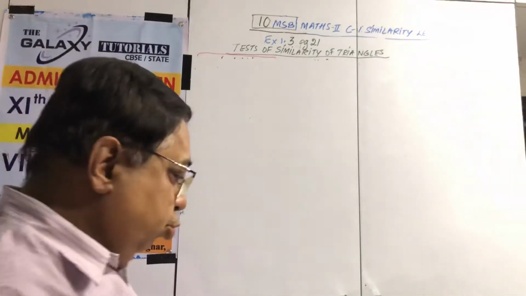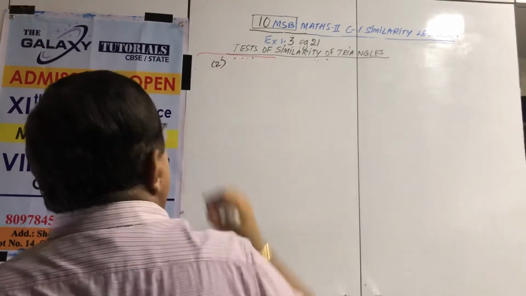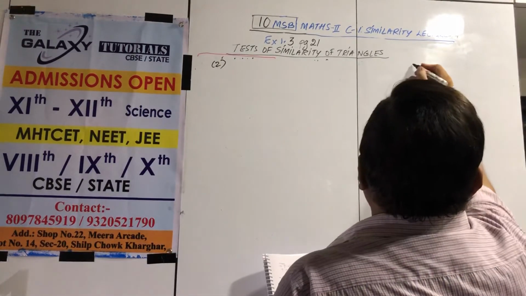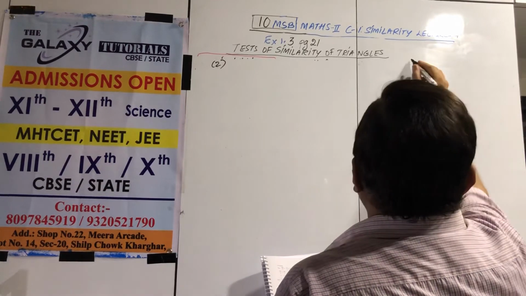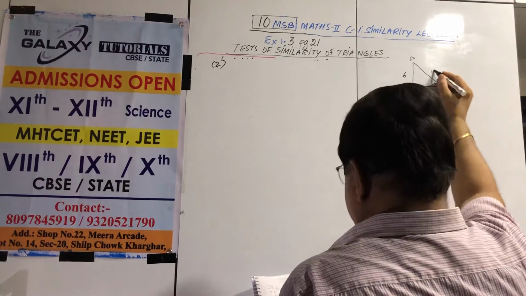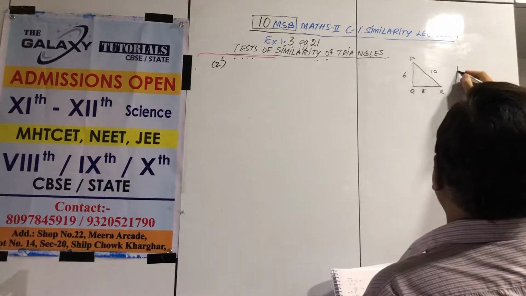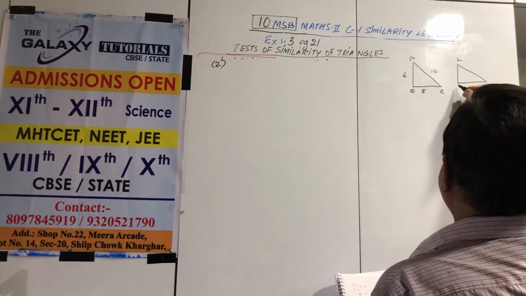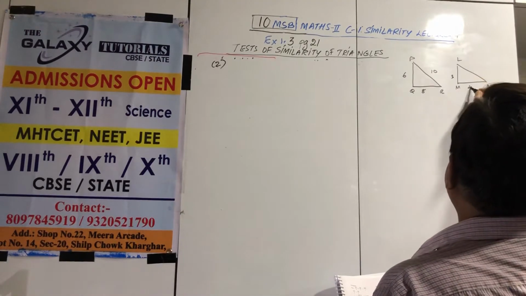In sum number 2 of the book, we have two diagrams giving us two triangles. We are shown PQR with sides 6, 10 and 8, and another smaller triangle drawn, LMN, with sides 3, 4, 5.